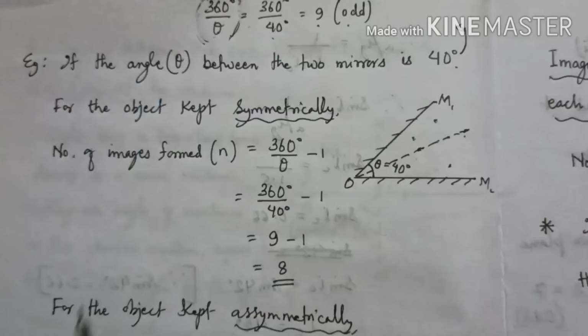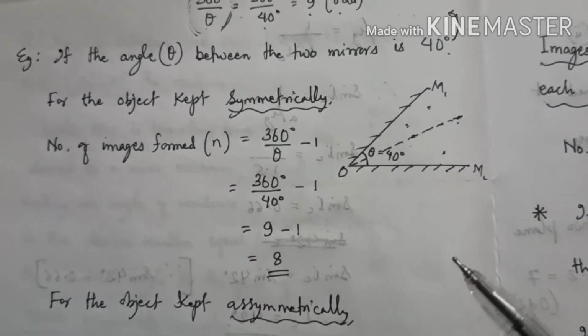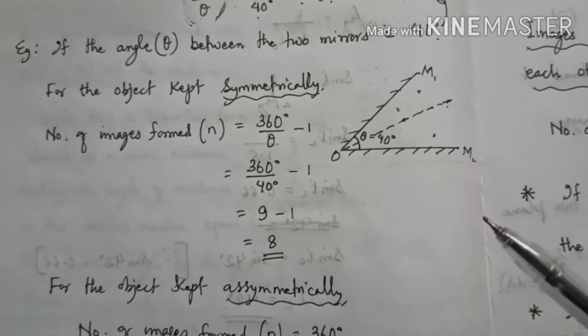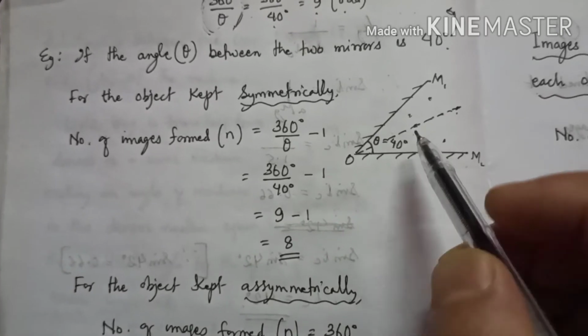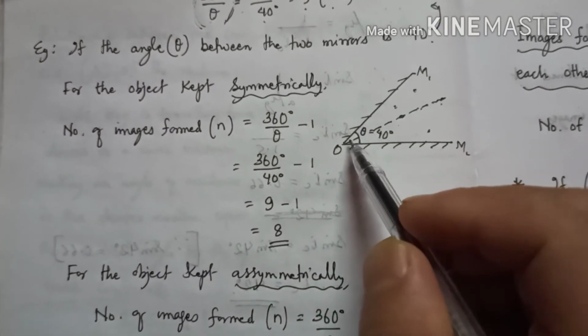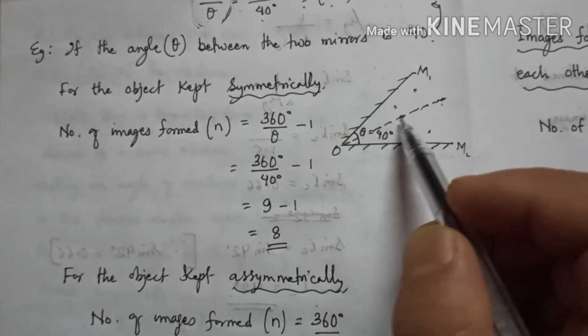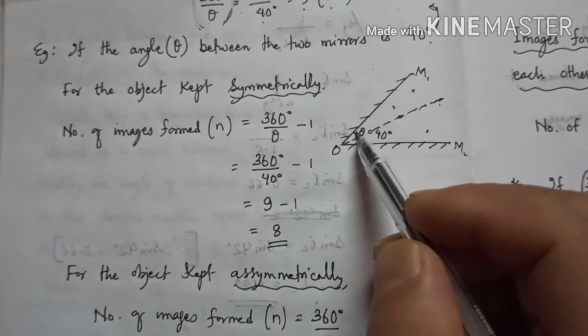So now there will be two possibilities. The first one is when the object is kept symmetrically, and the second one is when the object is kept asymmetrically. Symmetrically means the object is kept on the line of symmetry, on the line of bisector of this angle.